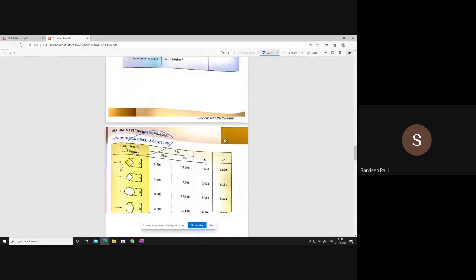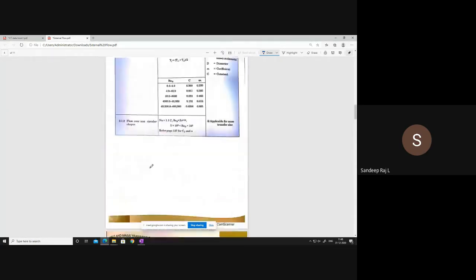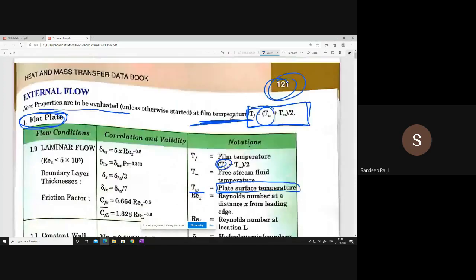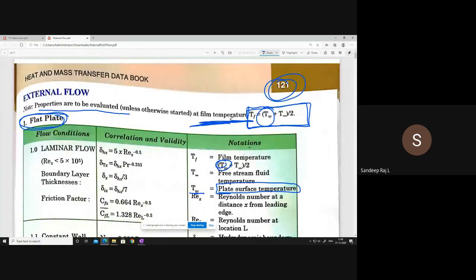This is all for the flat plate. Here you can see flow over cylinder. If you further move on, you can see flow over sphere, non-circular sections also, you can see flow over tube banks. Again, these are all the various cases. But here we're essentially discussing what is the temperature that we are going to consider for evaluating the properties of the fluid.